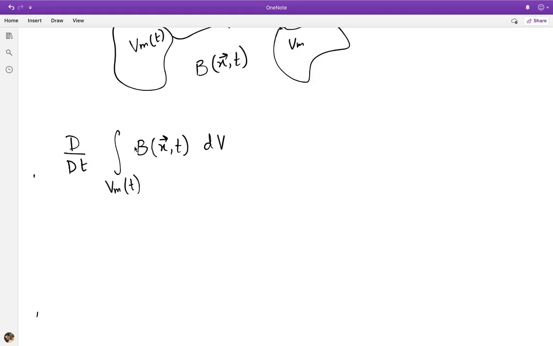So we need to find a relationship that allows us to represent this integral in terms of an integral over a volume, taking the derivative into the integral. There are various derivations of what is basically the Reynolds transport theorem. The derivation we will follow will be geometric; it's intuitive, and it's also appropriate for our current level of discussion.